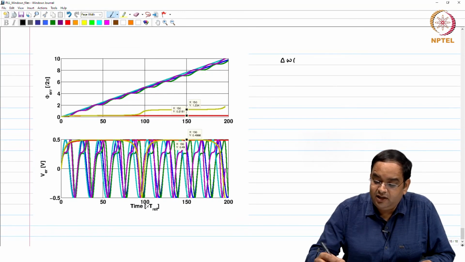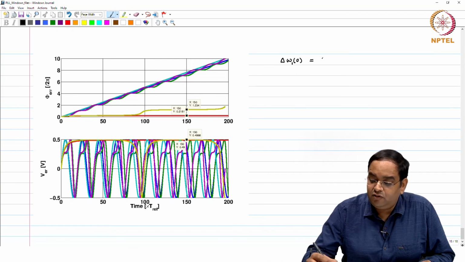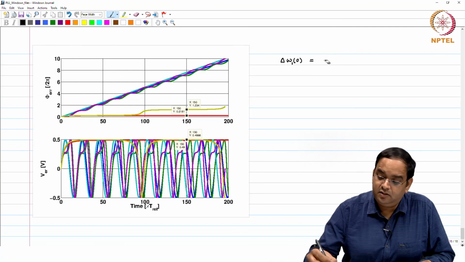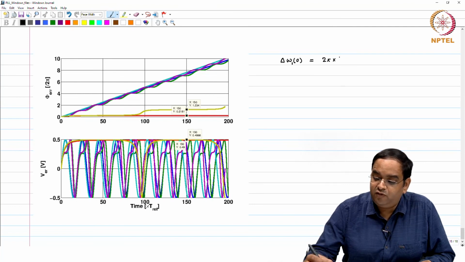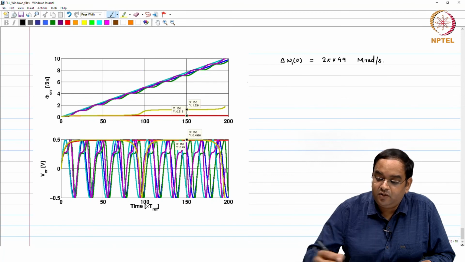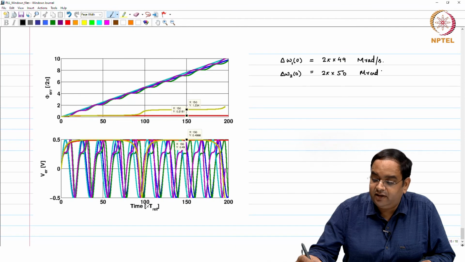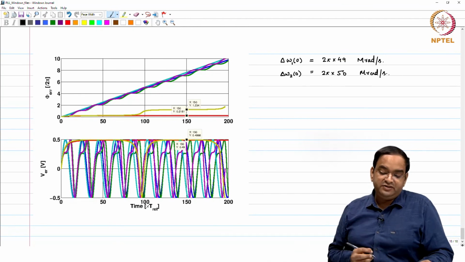One, delta omega 1 of 0 is equal to 2 pi into 49 mega radians per second. And in the other case, delta omega 2 of 0 is 2 pi into 50 mega radians per second. This is the frequency error.